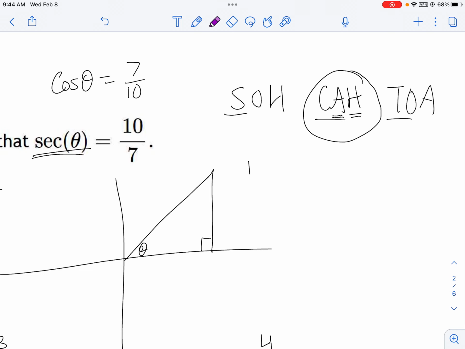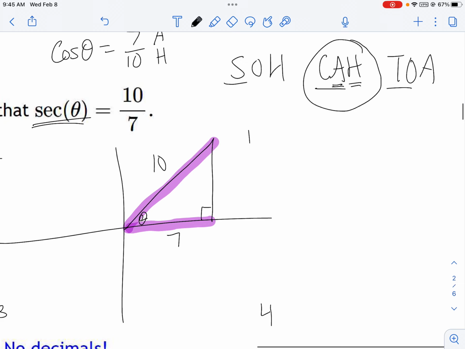The side adjacent to theta is right here, right next to theta. Here's your hypotenuse. So 7 must be our adjacent side and 10 the hypotenuse. Bam! Now you can simply use the Pythagorean theorem to find the third side.